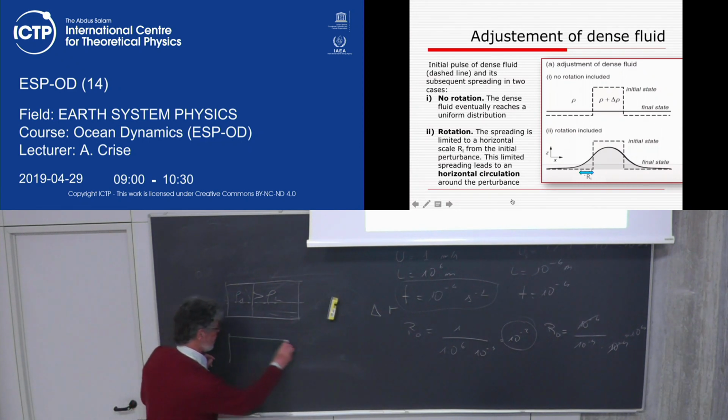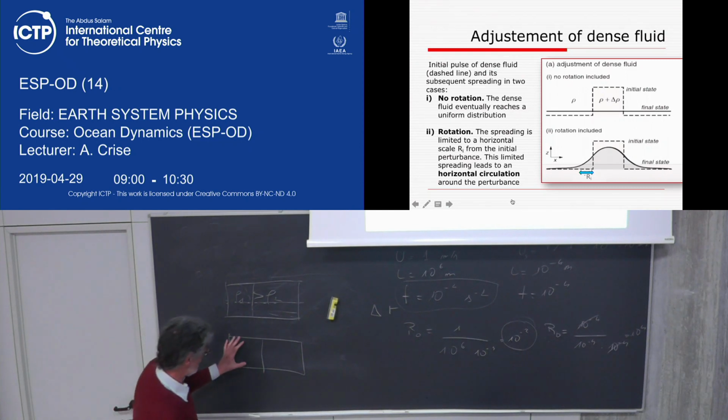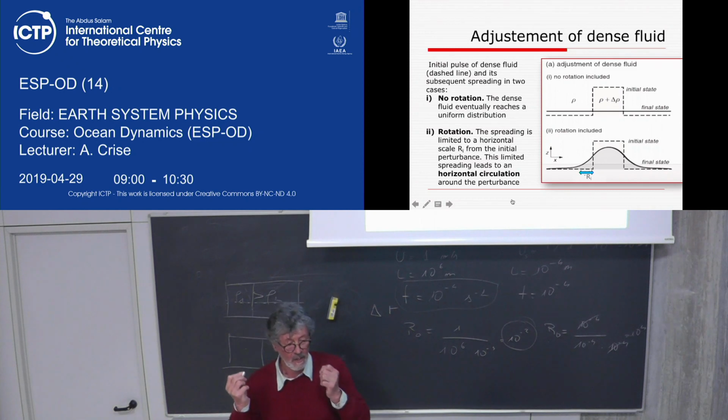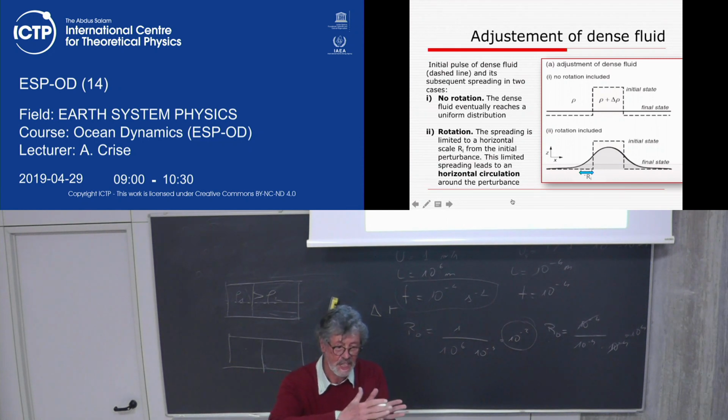When you have rotation with the same initial conditions, but the tank rotates, you don't have this, because when you have a density current created by the pressure gradient here, the density current perceives Coriolis force. And Coriolis force, we know, moves this way tangentially.